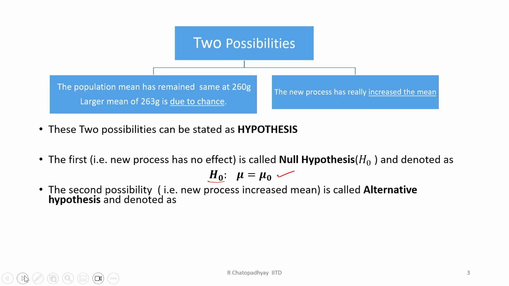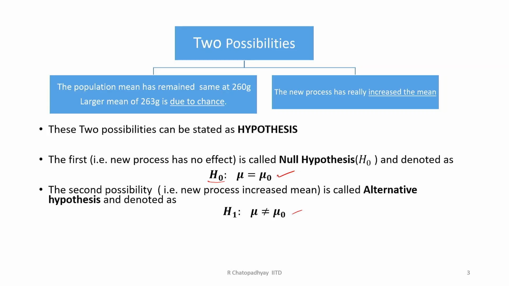And the second possibility, that the new process changes the mean, is called alternative hypothesis. And this one is denoted by H1. So this is the notation, H0 and H1. And what H1 says is mu is not equal to mu 0. That is, they are not same. Whether it is more or less, that is not stated in this.